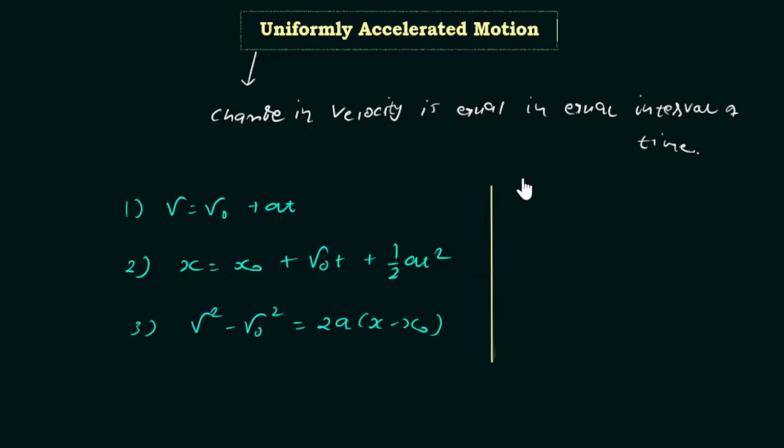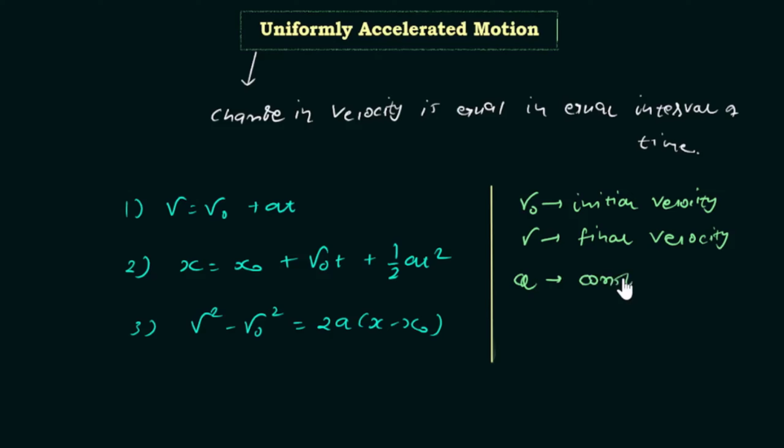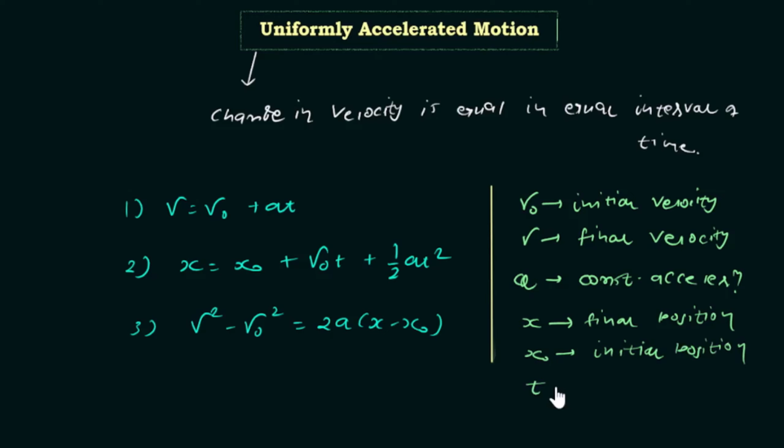Here v naught is the initial velocity, v is the final velocity, a is the constant acceleration, x is the final position, x naught is the initial position, and t is the time interval.